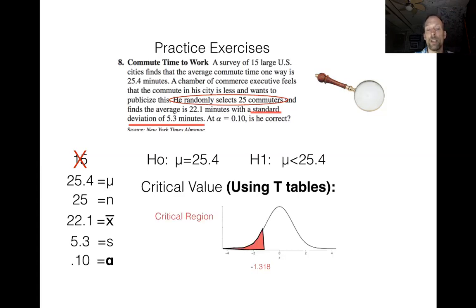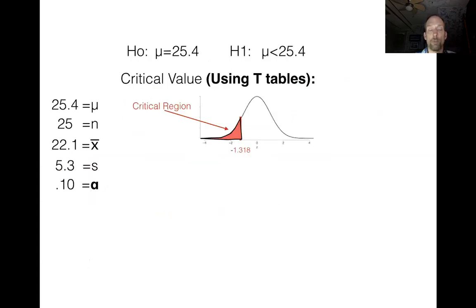So I'm going to shade that in, mark that as my critical region. And this is telling me that when I eventually look at my sample average, I can only reject the population average if that X bar, my sample average, fell 1.318 or more standard deviations below the population average. And that's in place because when we started the question, they gave us an alpha level of 0.10.